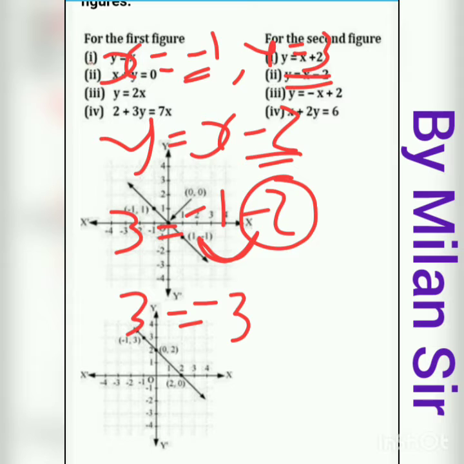Okay, so here we get 3 is equal to minus 3. This is not possible, right? This is not possible because 3 cannot be equal to minus 3. So option B is incorrect. If we put the second value minus 1, 3, then our option B is incorrect.